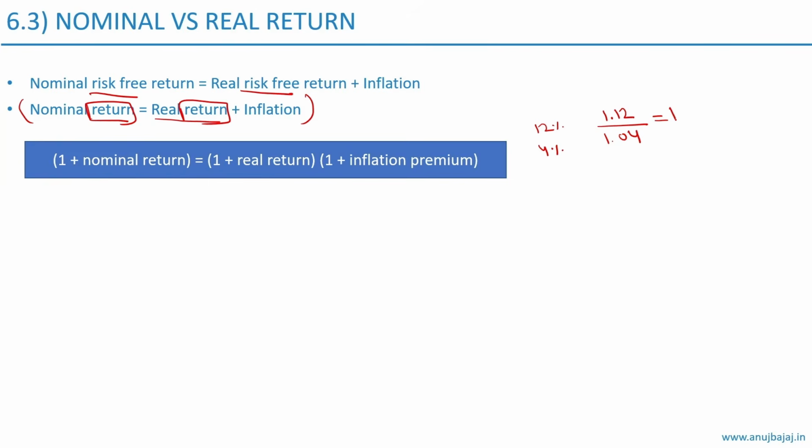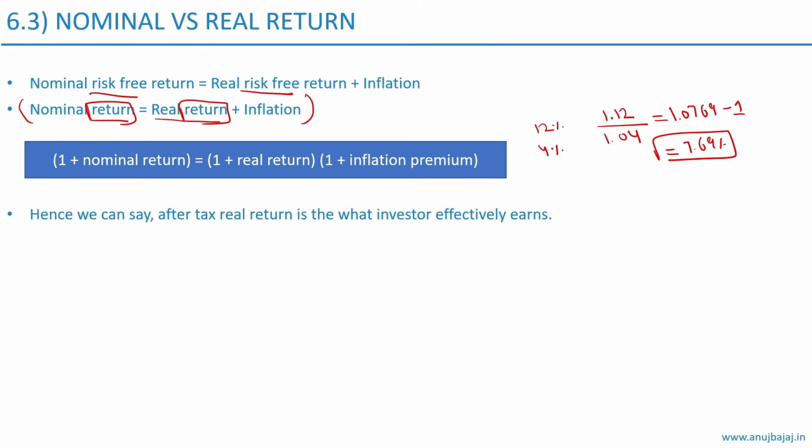This gives me 1.0769. We subtract 1 from it and we get 7.69% as the real return. This is the return that the investor earns effectively after the inflation is adjusted for. Hence we can say the after-tax real return is what the investor effectively earns.